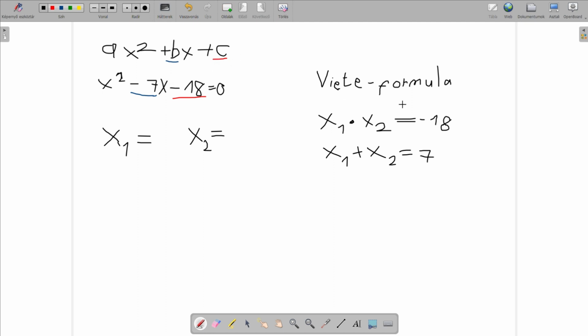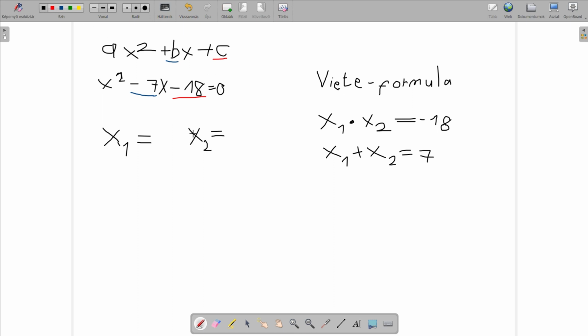And c is what we get if we multiply the solutions together, and that would be minus 18, and x1 plus x2 equals the opposite of this b. But this isn't a video about the Vieta formula, it's one about factoring.